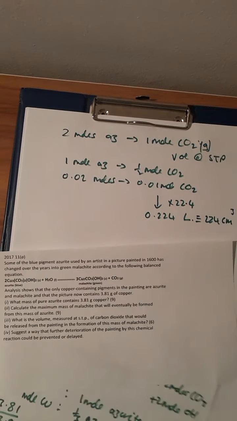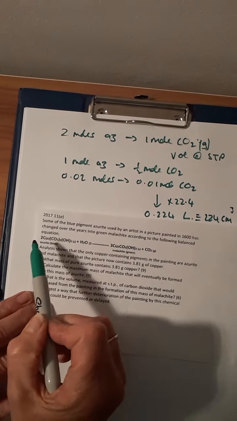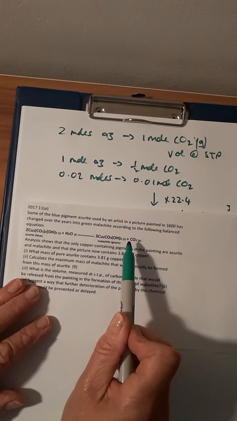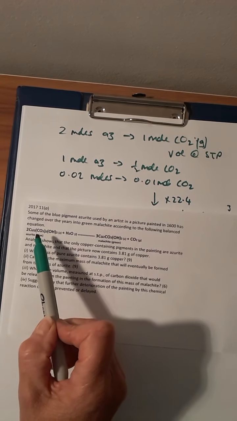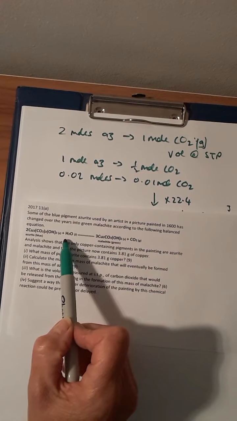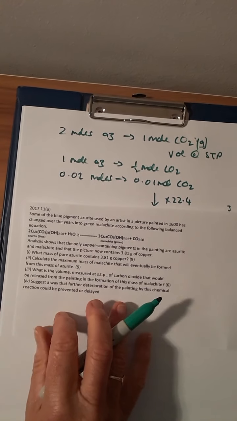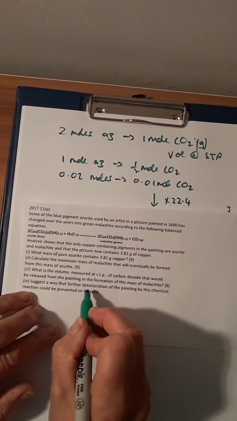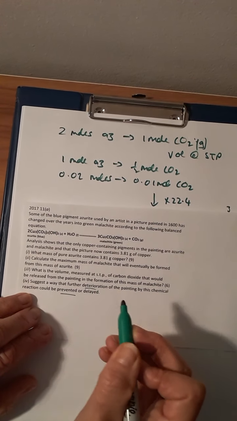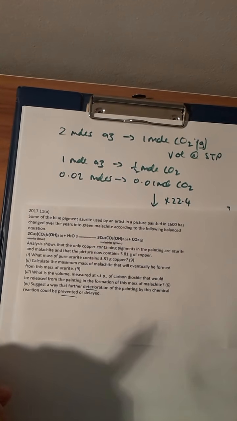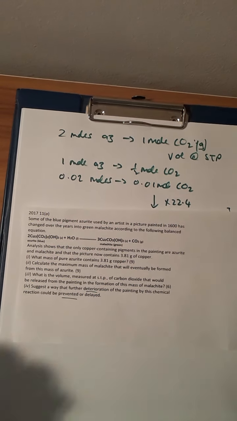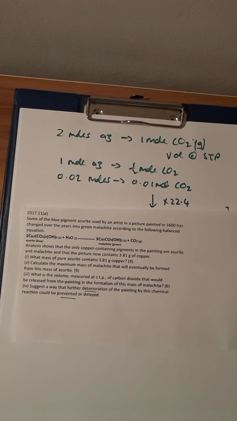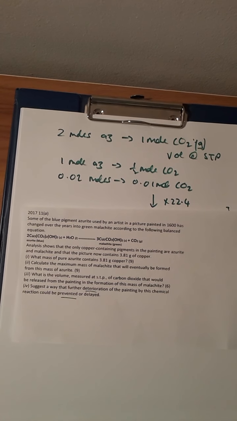So look at this chemical reaction. We're getting azurite plus water turned into malachite plus carbon dioxide. So this azurite is being broken down by water, as you can see. So if you want to suggest a way of preventing further deterioration, keep the water away from it. So either make sure that you have it in a watertight, airtight container or dry area.